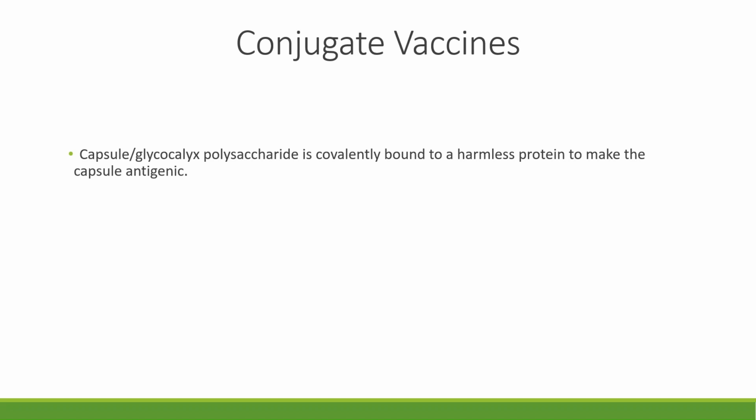So it's bound with that harmless protein, but that makes it more detectable by the immune system so that it can bind to that antigen binding region. An example are Streptococcus pneumoniae vaccines, Pneumovax 23 and Prevnar 13. You don't have to memorize those, but these can protect against pneumococcal infections.